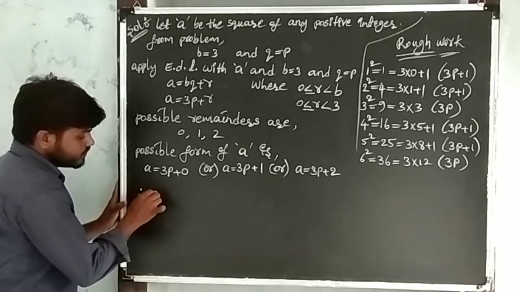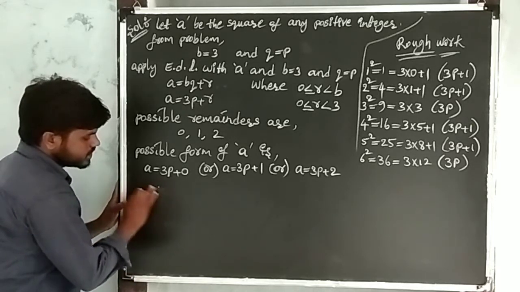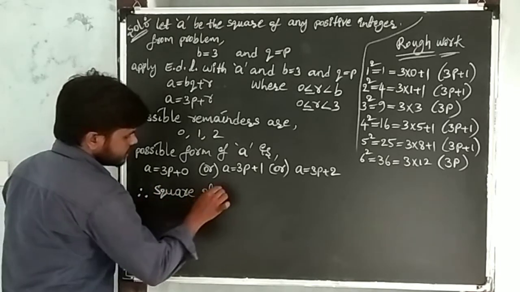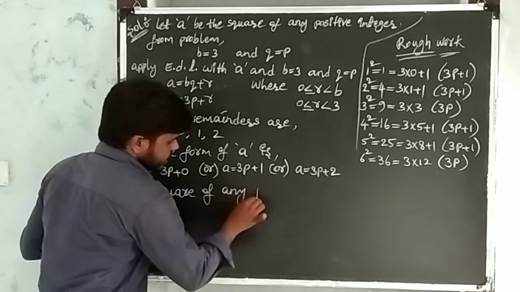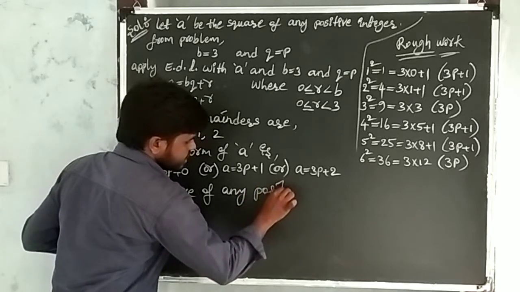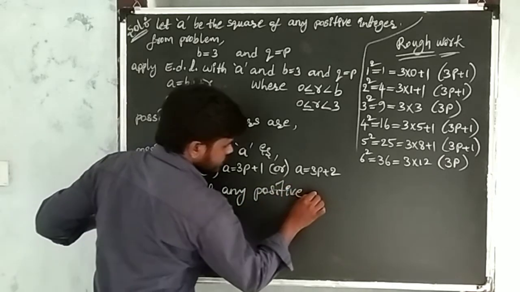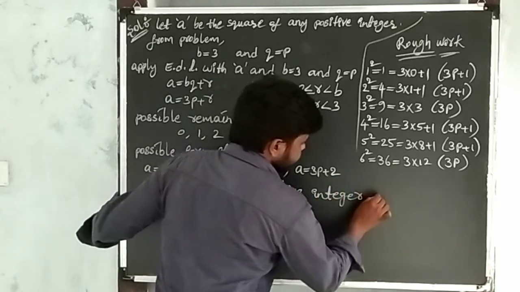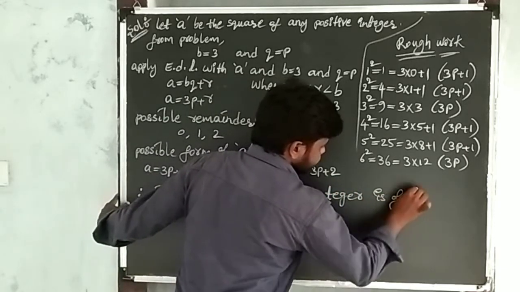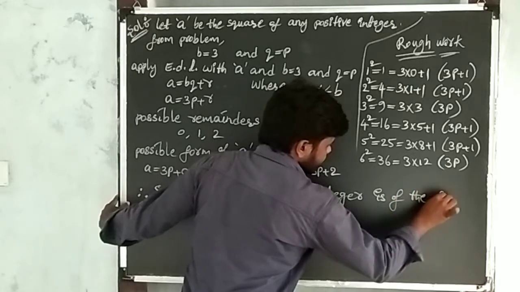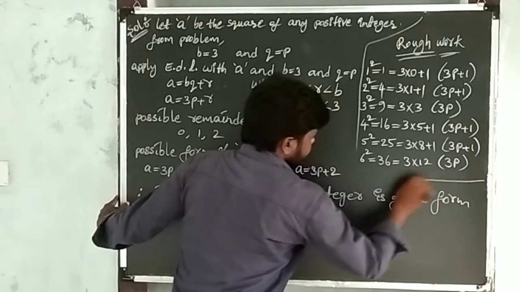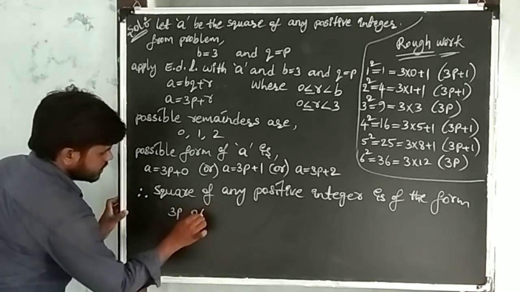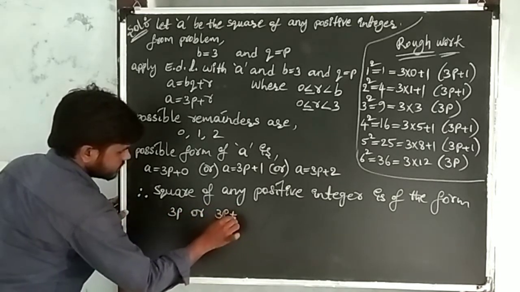Therefore, the square of any positive integer is of the form 3p or 3p plus 1.